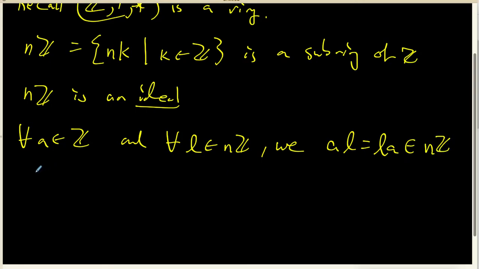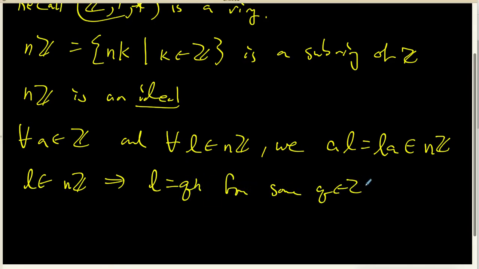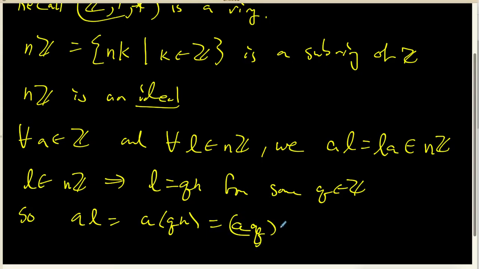This is quite easy to prove. l inside nZ implies that l is equal to q times n for some q inside the set of integers. So al is a times qn, which is a times q times n, clearly an element of nZ. So we do indeed have an ideal.